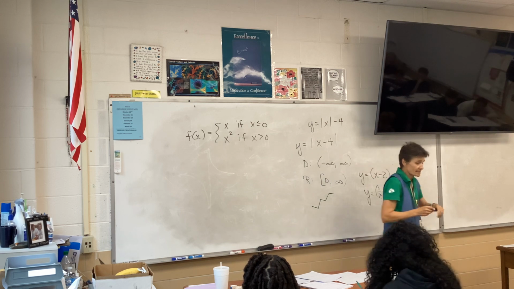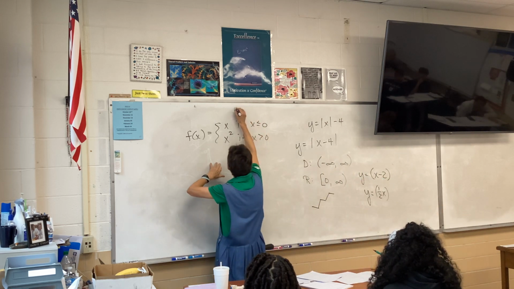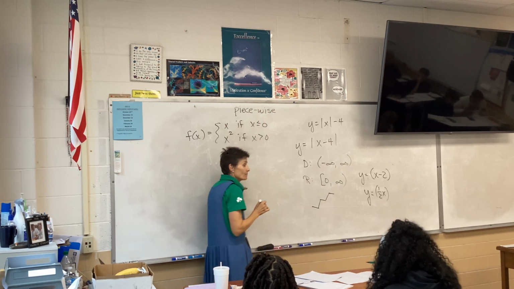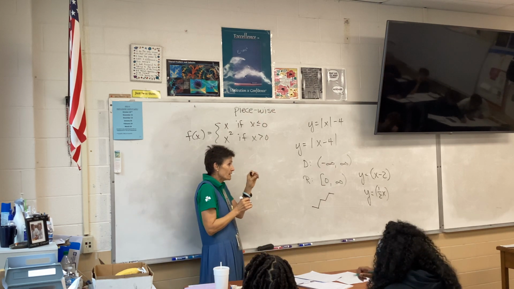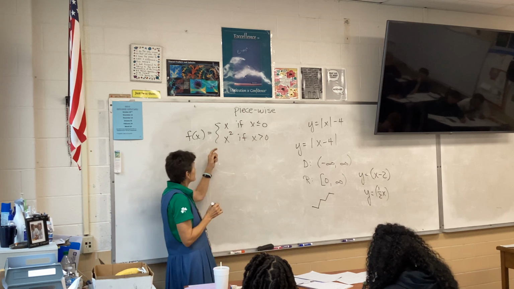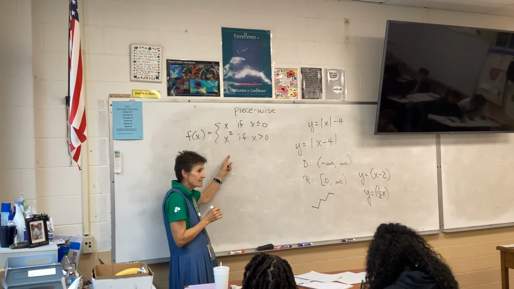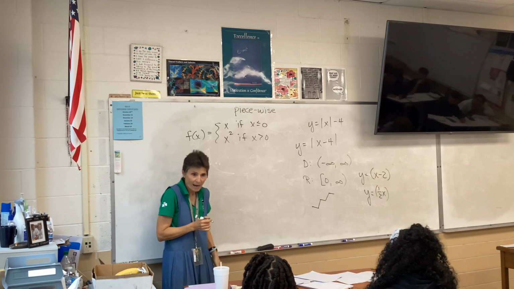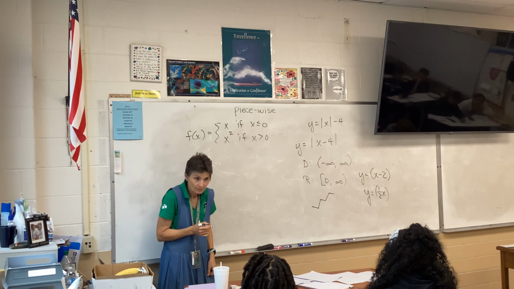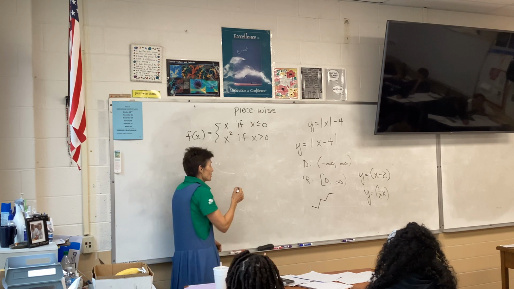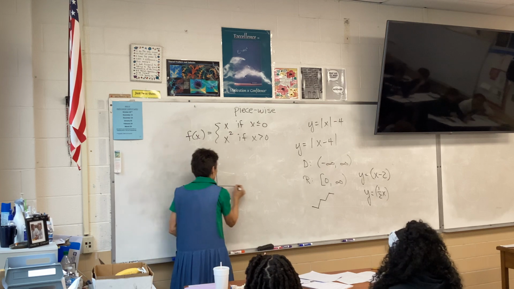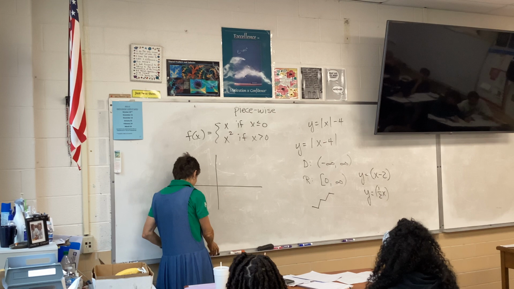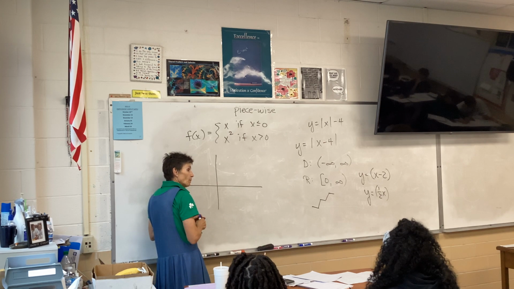All right, this is called a piecewise function. And it's called piecewise because it's literally written in pieces. And therefore, it will be graphed in pieces. Okay? So here we go. I have a little bit different way of doing this than other people.